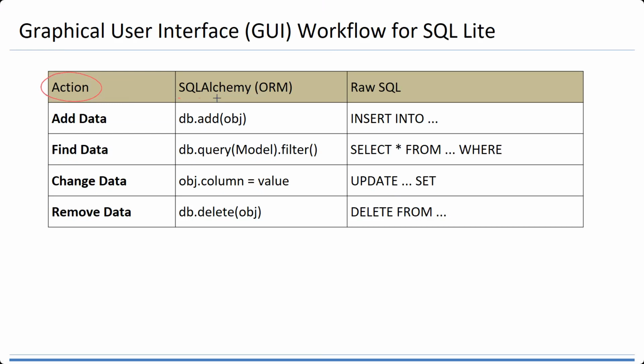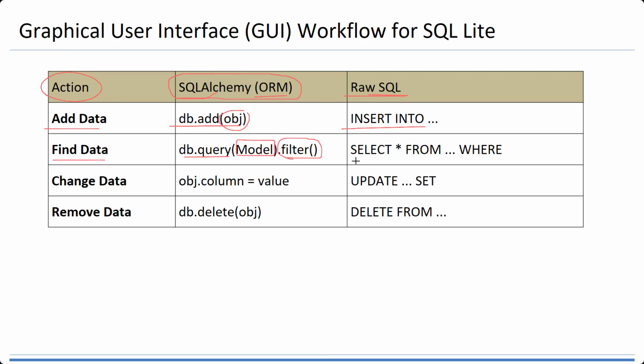In the previous section, we used the SQL Alchemy with the ORM. And now we are going to use the raw SQL or the structured query language. If we add the data, we just use the add object. But in the SQL, we will use insert into. If we want to find the data, we use the db.query and then define what is the model and do the filtering.